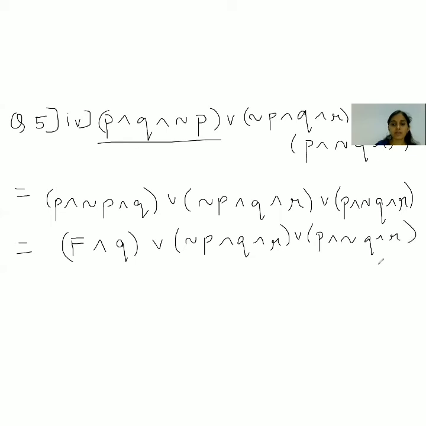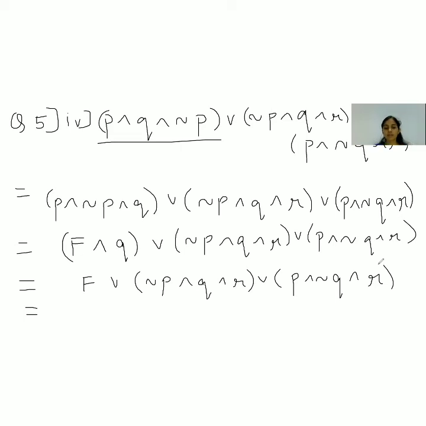Now F and Q is again identity law. F and Q will be F. So F or the two brackets again, negation P and Q and R, or P and negation Q and R. Now again we can use identity law for F or any other bracket.